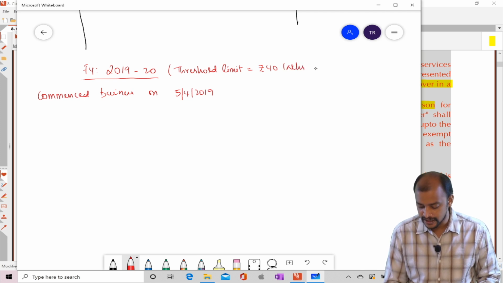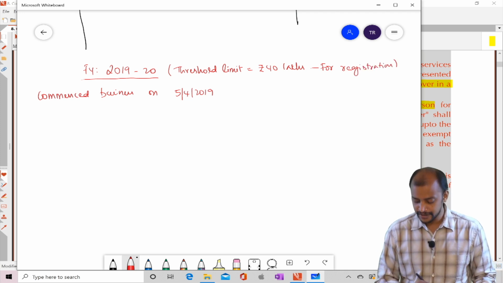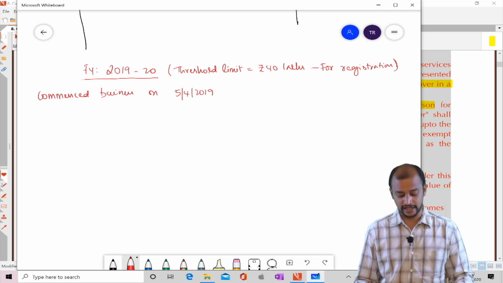Threshold limit for what? For registration. Threshold limit for registration is 40 lakhs.